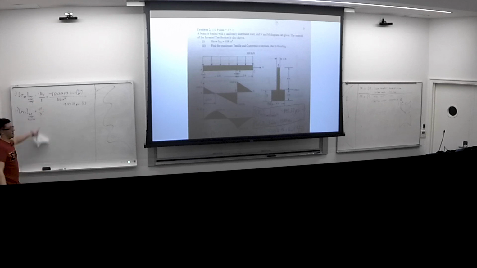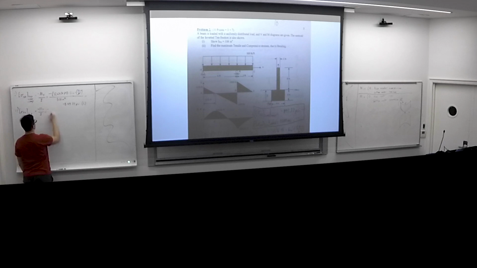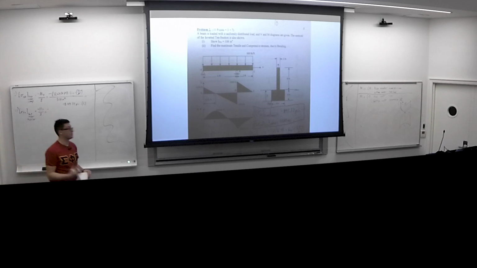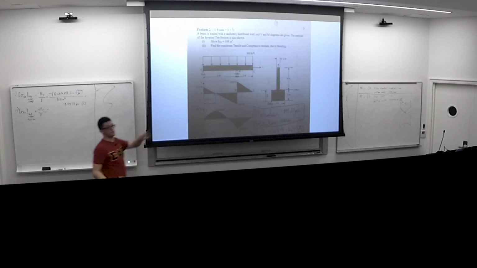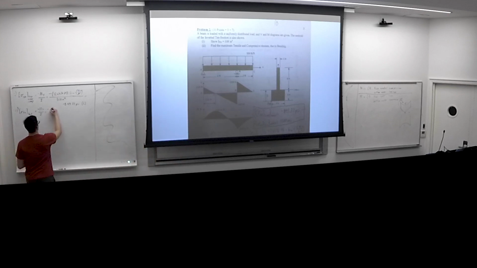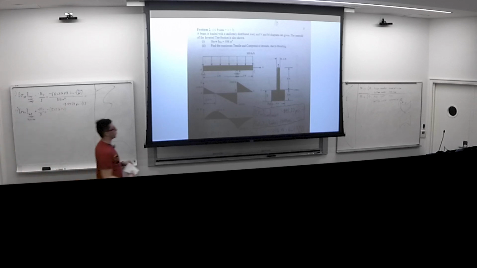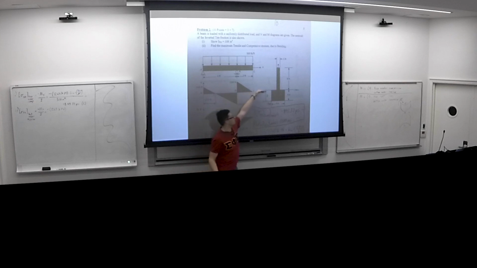The equation stays the same. It's negative My over I. Since we're still dealing with the positive moment on the M diagram, we're still going to take this 1265 pounds times feet. But now, since we're evaluating at the bottom, we're looking at the distance from the neutral axis to the bottom of the figure, which is only 3 inches.